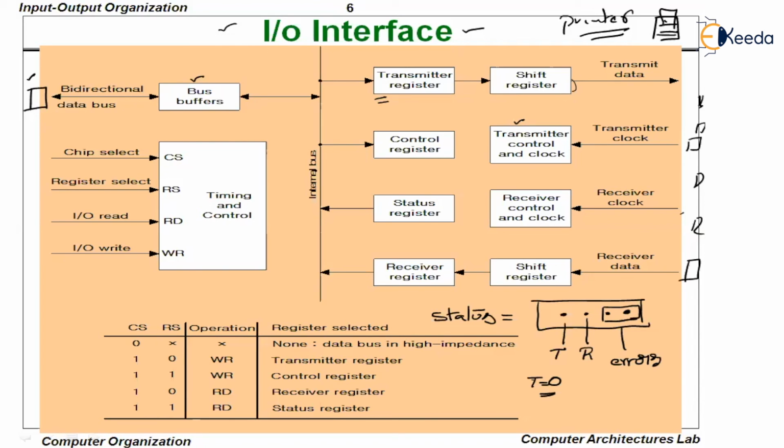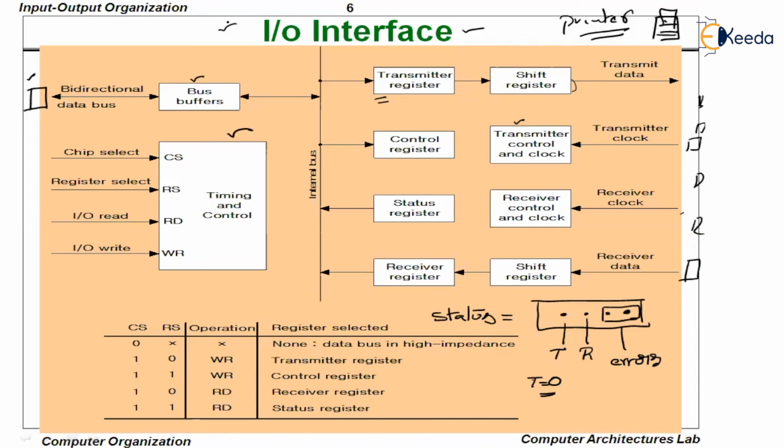Now let us understand the timing and control. These are four lines, rather four inputs for the controller. In what way will this controller work? When chip select is 0, meaning the interface is not selected, no I/O transmission is happening, and no transfer is initiated from the CPU side or the peripheral device side.